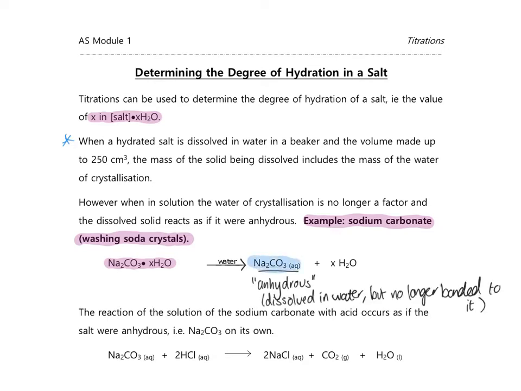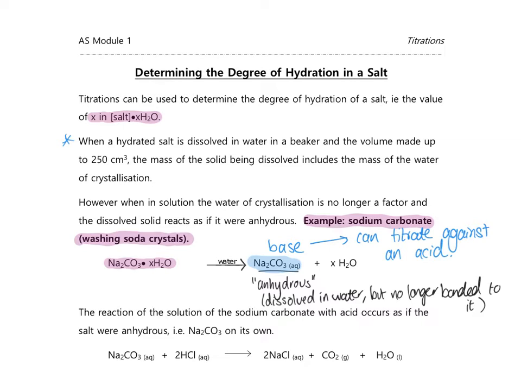Sodium carbonate solution is a base, and so we can then titrate that solution against an acid. We will want our acid to have a known concentration. It will be our standard solution, so it will go in the burette. And the solution of sodium carbonate or whatever other salt I've used will go into the conical flasks.